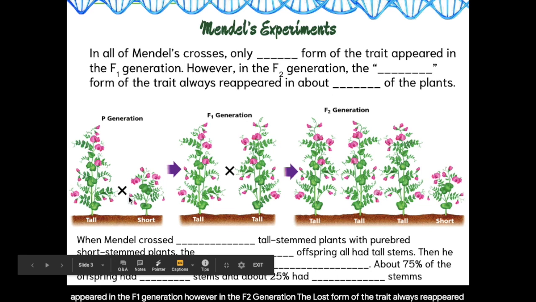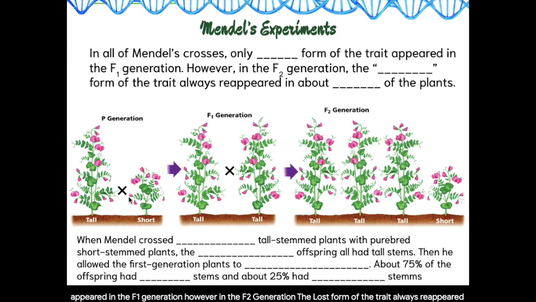So, if you take a look at the picture, he's got his P1 generation, which is one tall and one short. So, he crossed a purebred tall stemmed plant with a purebred short stem plant. And then he had the first generation of offspring, which were all tall stemmed plants, which you can see in the picture.